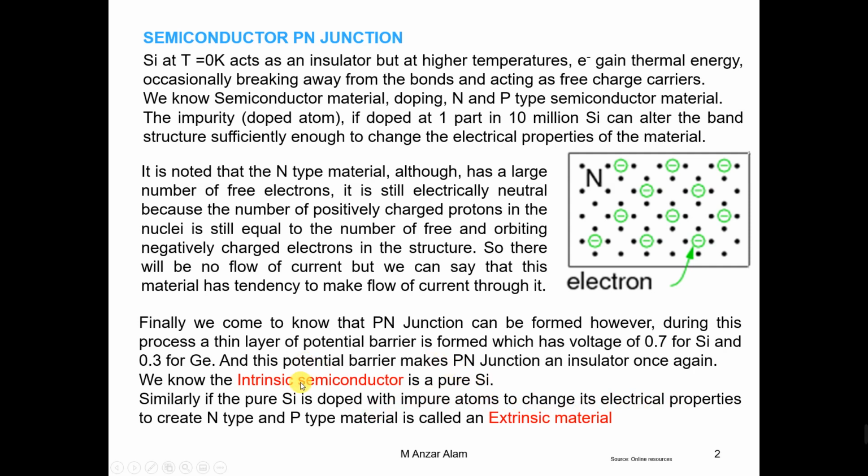Intrinsic material is pure semiconductor. Extrinsic material is n-type material or p-type material, I mean the material where we dope with some impure atom. Hopefully you understand these two terminologies. You must be very clear.